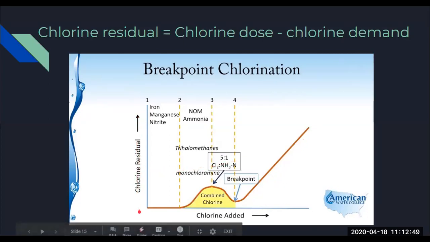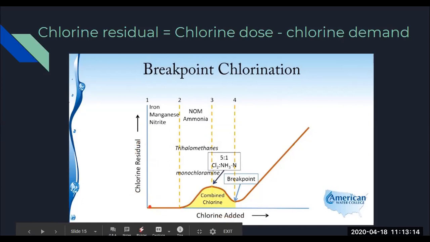Our vertical axis tells us how much chlorine residual we have, and our horizontal axis shows the chlorine that has been added, which we can look at as our dose.